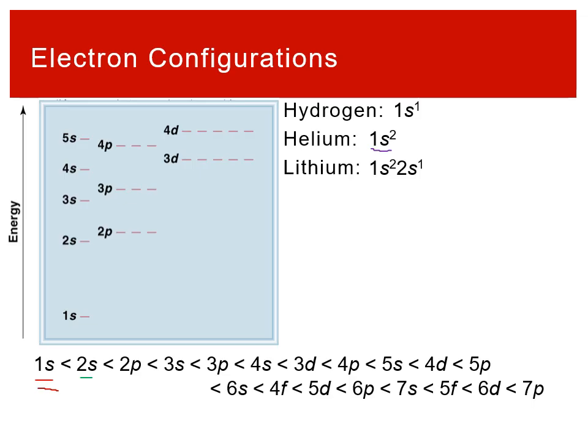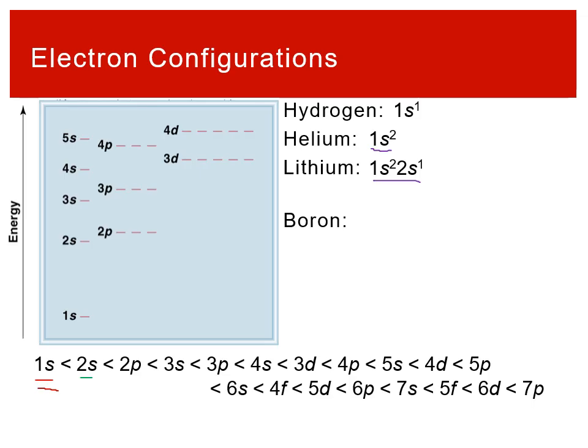So the electron configuration of lithium builds upon the electron configuration of helium. It starts in the same way, and then you just keep building up upon it. Those first 2 electrons are always going to go into 1s2. Doesn't matter what the atom is, once you hit 2 electrons, the first 2 always go into that 1s subshell.